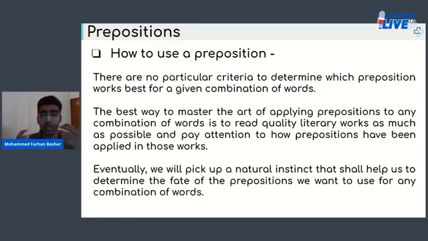So to learn to use prepositions properly, of course, you need to read a lot of English written works. And besides, you need to increase your exposure to English, right? You need to be exposed completely to English. How do you increase your exposure to English? You watch good English films, you read English books, right? You talk to your friends or your colleagues or family members.